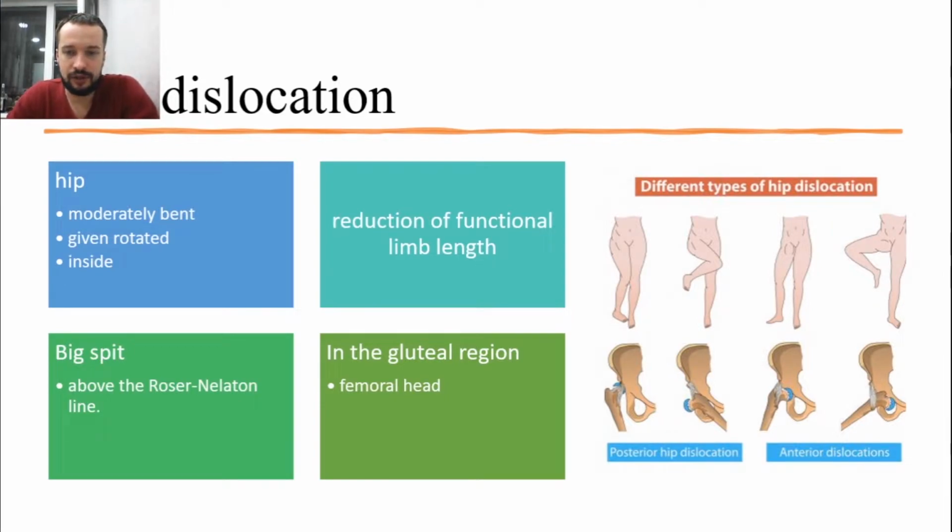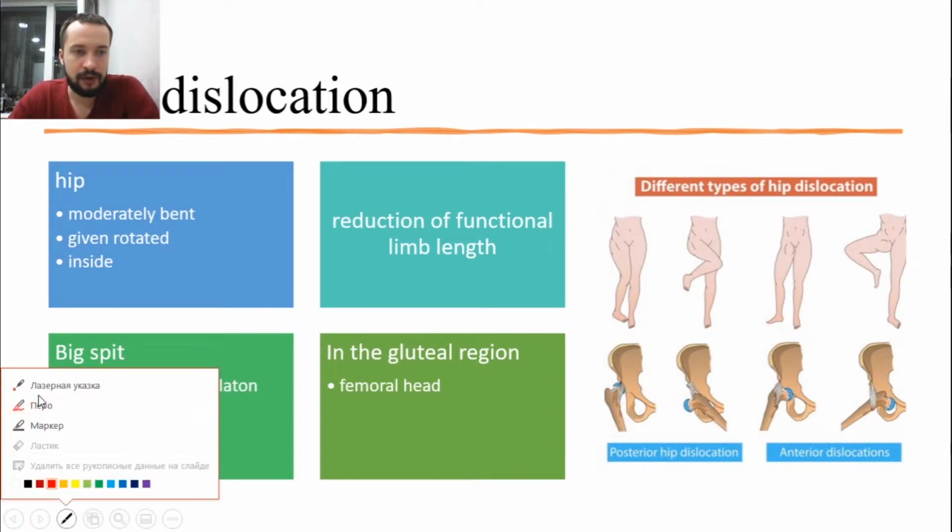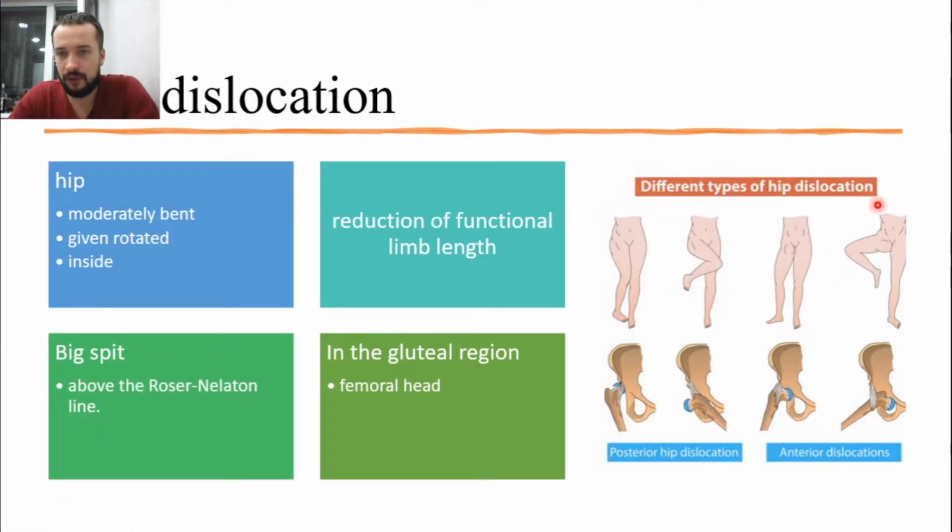Iliac dislocation. Look, there on the right side you see a picture where we have all types of these 4 dislocations. When we talk about iliac dislocation, first of all, I will tell you what we have. The hip is moderately bent, adducted, and rotated inside.